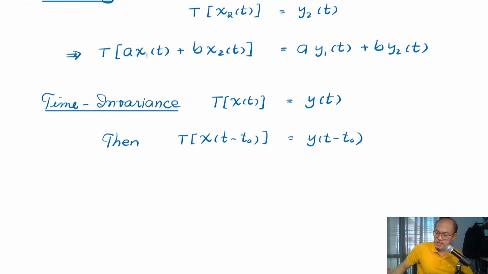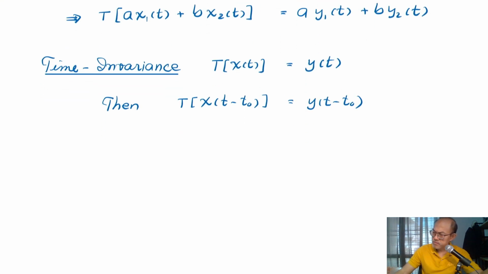So basically, if a system is time invariant, then its characteristic doesn't change with time. The output to any input would be exactly the same, except that the output is shifted consistent with the shifting of the input.